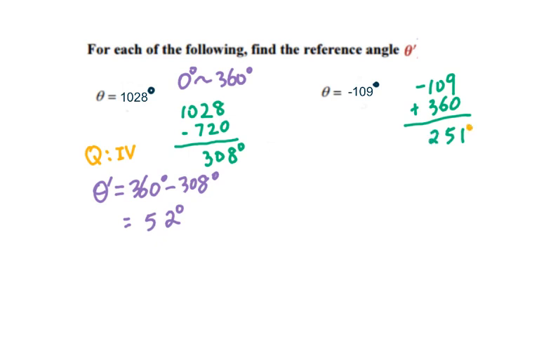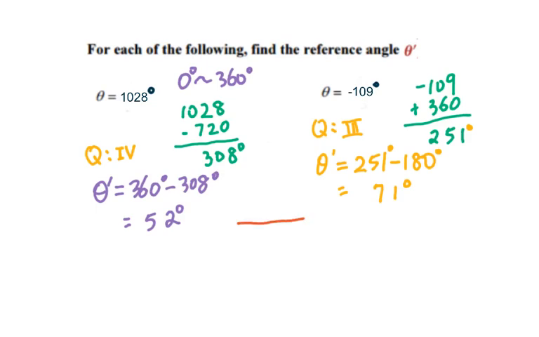So that we got the quadrant is the third quadrant. Then your reference angle will be 251 minus 180 degrees. So you will get 71 degrees.